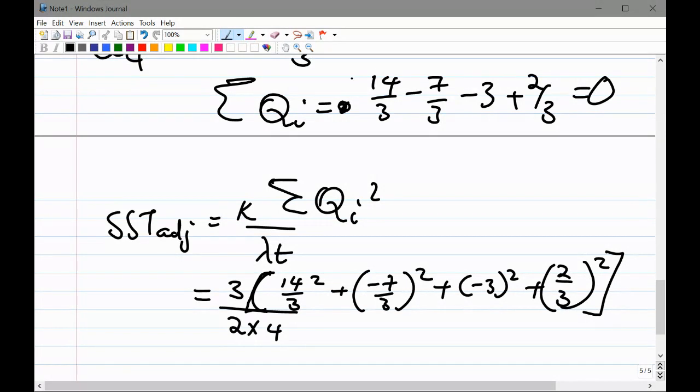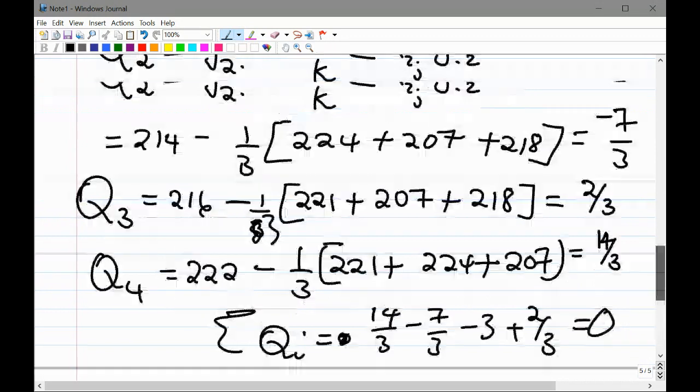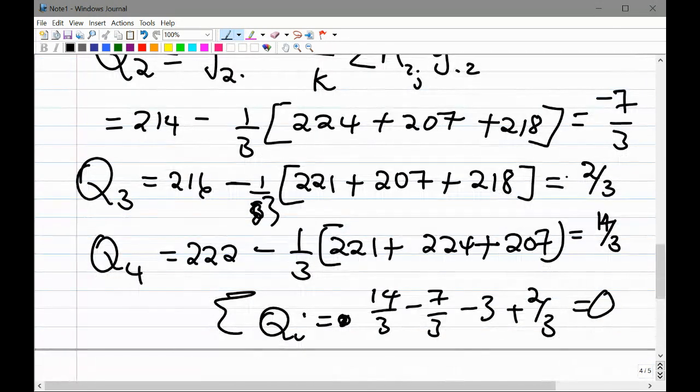So I'm told that Q3 is wrong, that it is negative 4 over 3, and that this one is not correct.